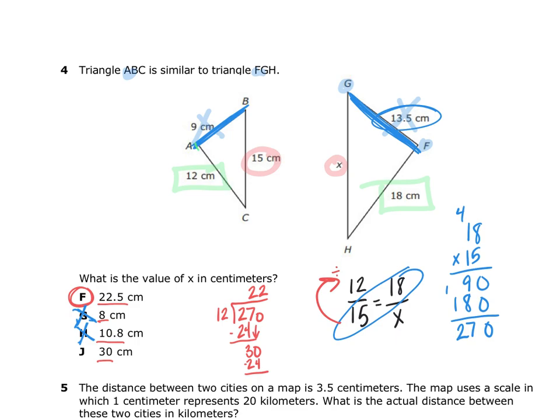Then we've got 12 and 18 should be in the middle, and this one should be our longest side. So we need a number bigger than 13.5 and 18, which again, we can eliminate 8 and 10.8. So again, that just verifies that F is my answer.